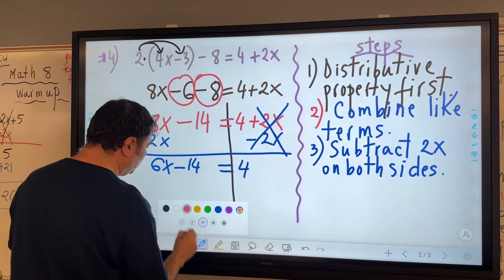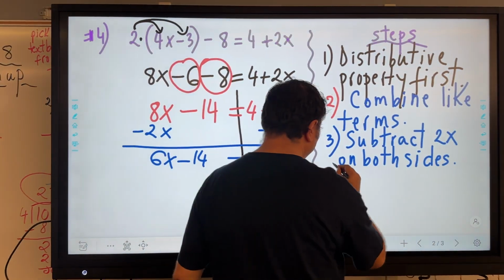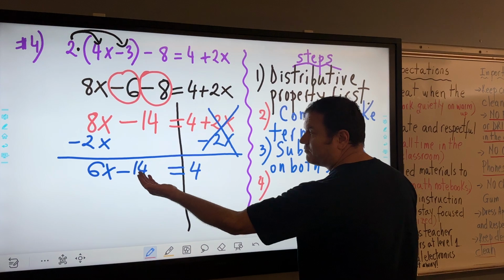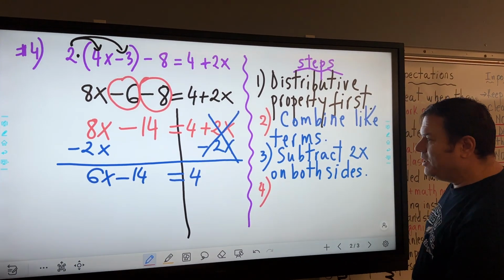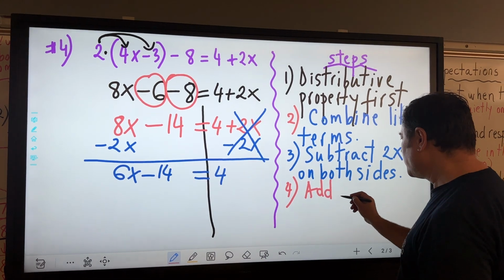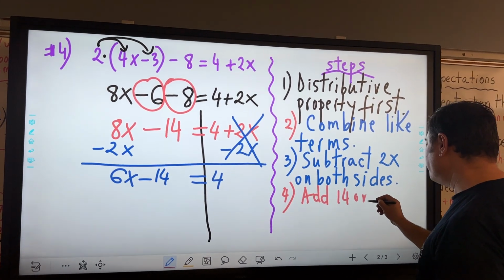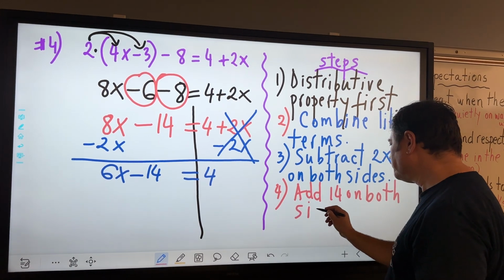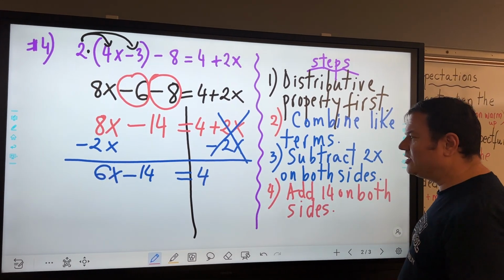Let's continue to step number 4. Step number 4 now would be to add 14 on both sides. 14 has to go home. So we need to bring 14 on the other side. So add 14 on both sides. Let's do that.